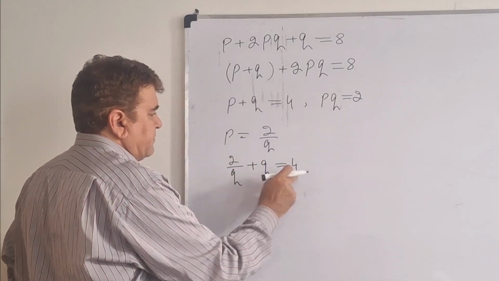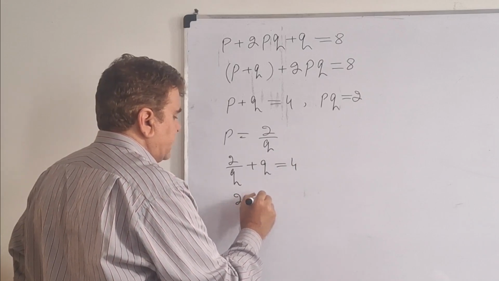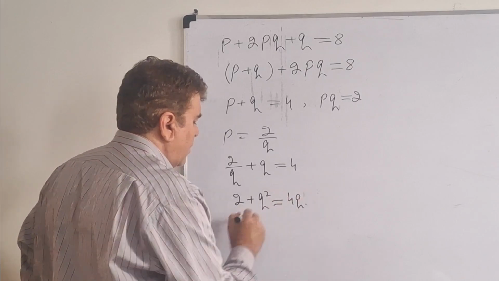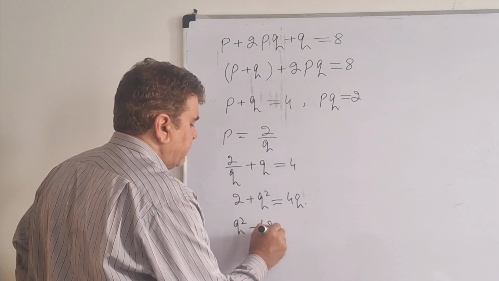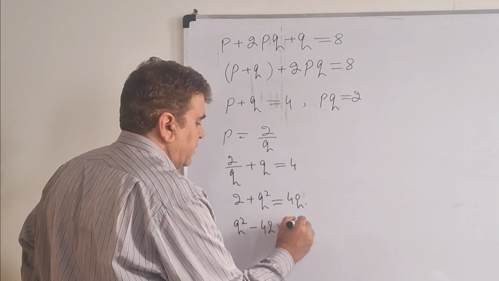Or I can arrange this by multiplying this equation with Q like this: 2 plus Q squared equals 4Q. Or I can write this as Q squared minus 4Q plus 2 equals 0.